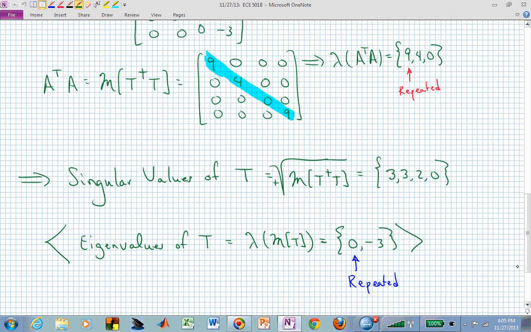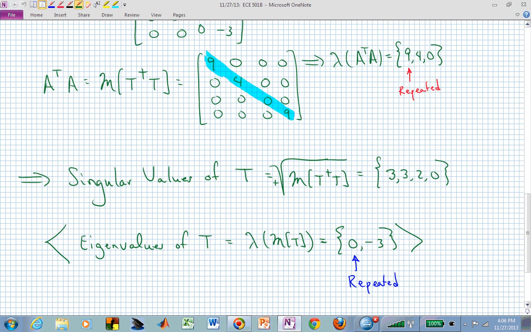We've then defined these new concepts called singular values, associated with the positive square roots of the eigenvalues of this matrix, adjoint of T times T, which in this real number case ends up being 3, 3, 2, and 0.